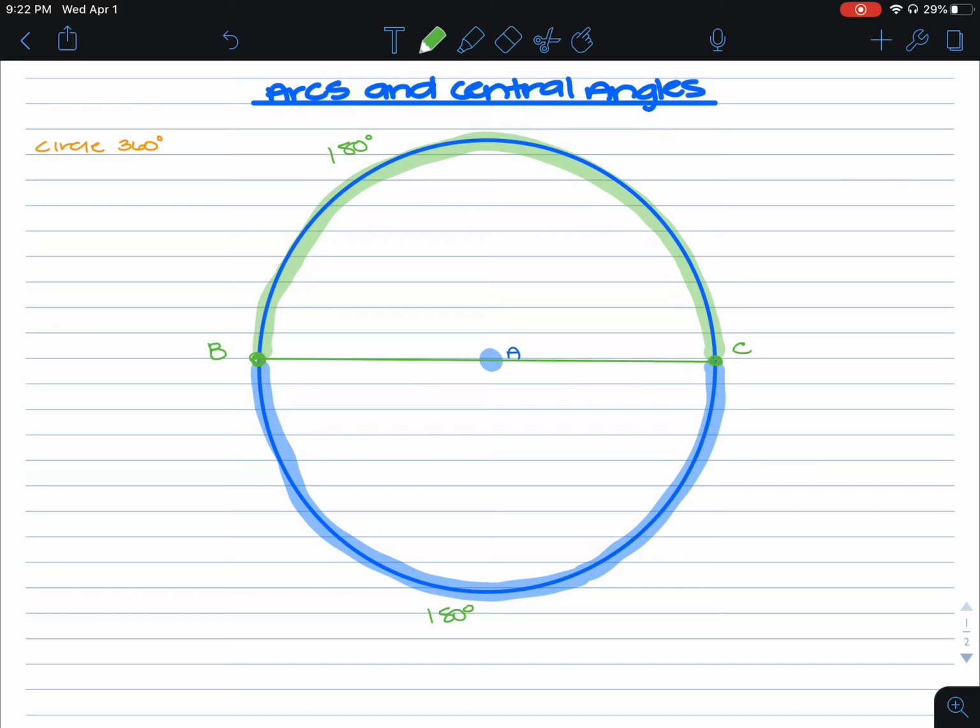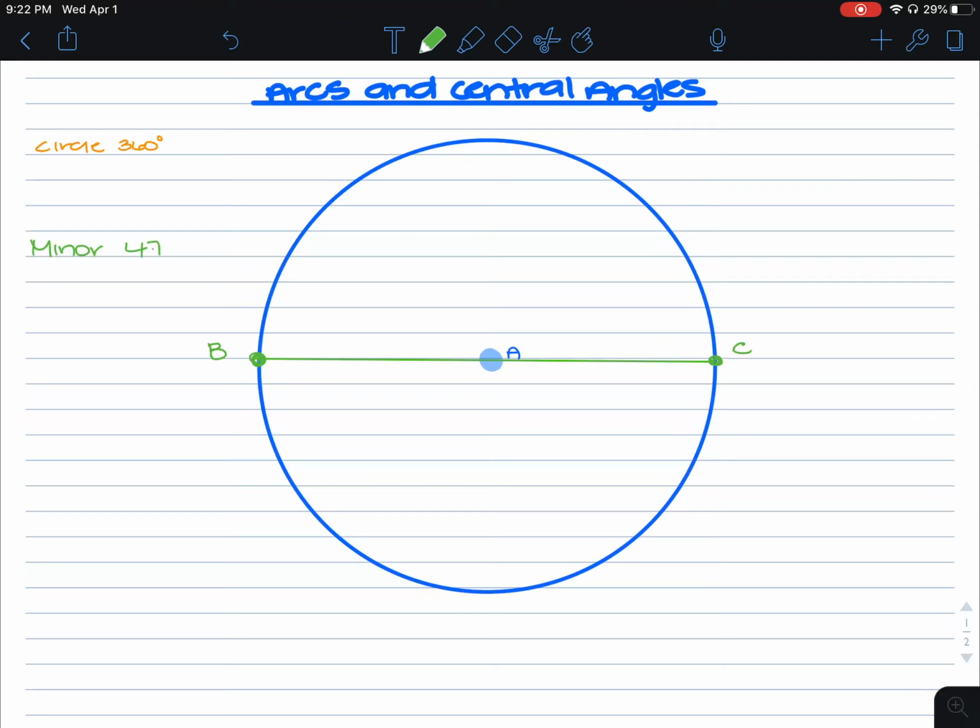All the arcs that I have should all add to be 360 if I'm talking about the entire circle. So the last example that we did, we had my minor was 47 degrees and my major was 313. Well, if I add those together, I should get 360, which I do. So I know that those are correct.